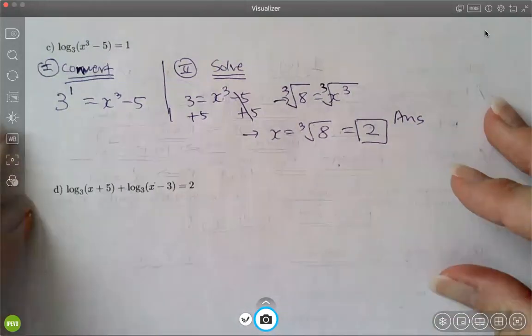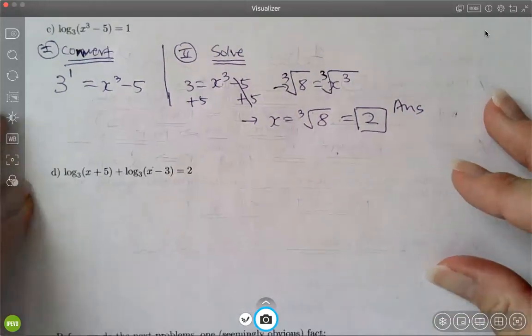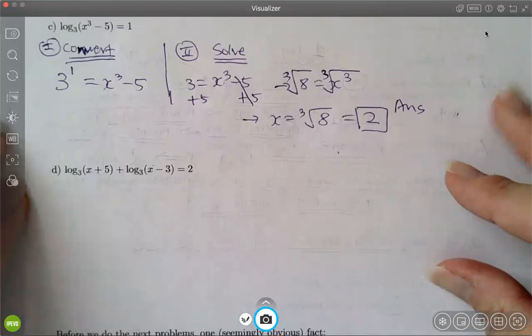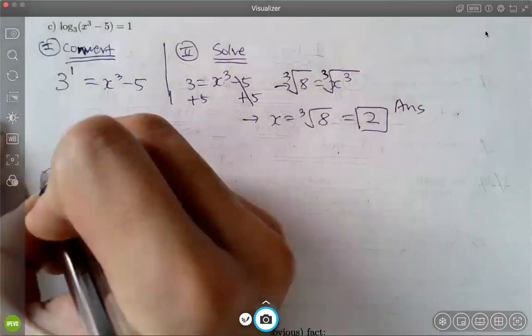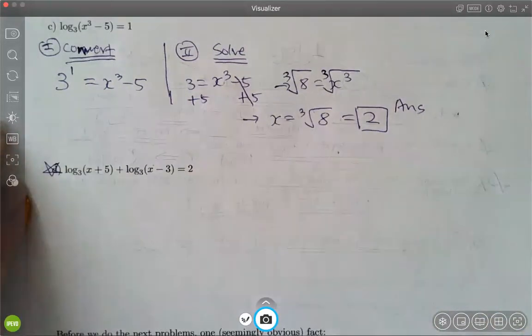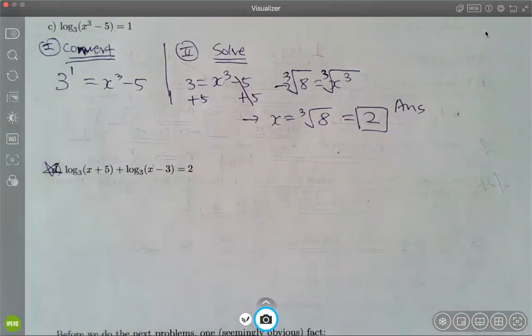Now, part D. Problems like this will be, I wouldn't say hard, but it's important and trickier than the previous three. Now, on the left-hand side, how many logs do we see?